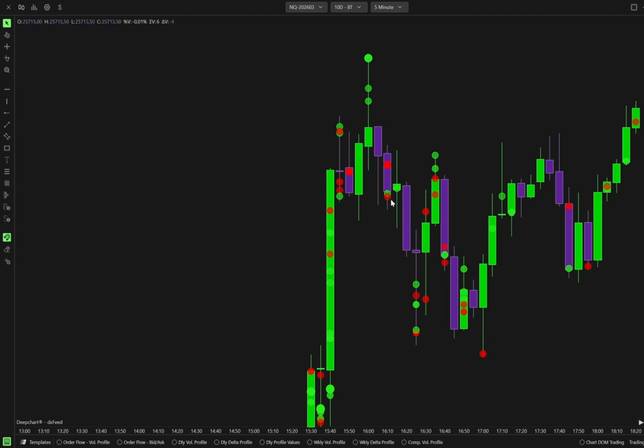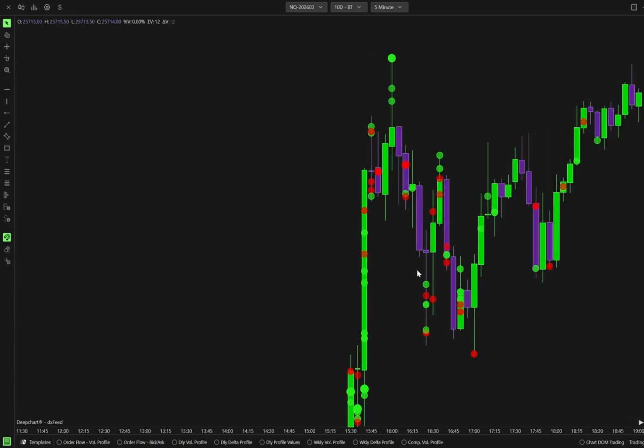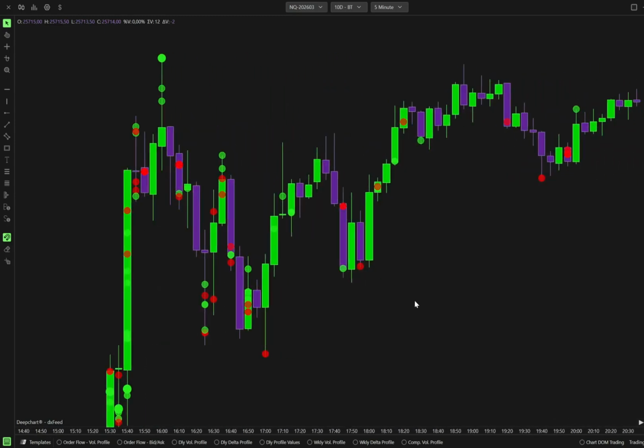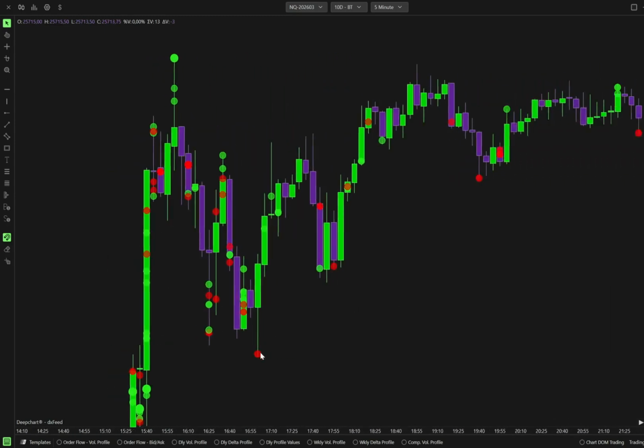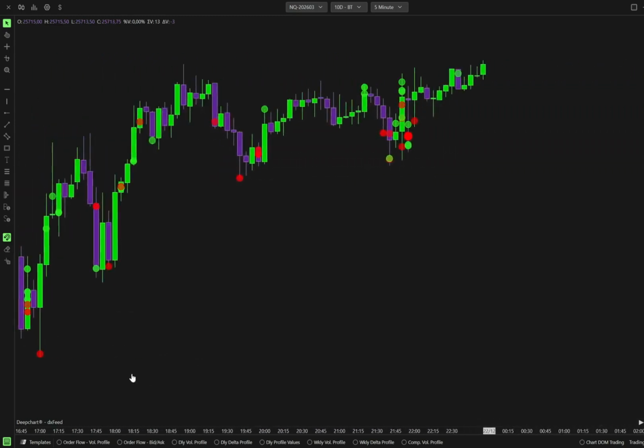Sellers control, buyers try again, sellers not rewarded, retracement, sellers not rewarded. Buyers not rewarded. Okay, control of the sellers again is not fixed risk to reward. This was an amazing failed auction from the sellers, no?